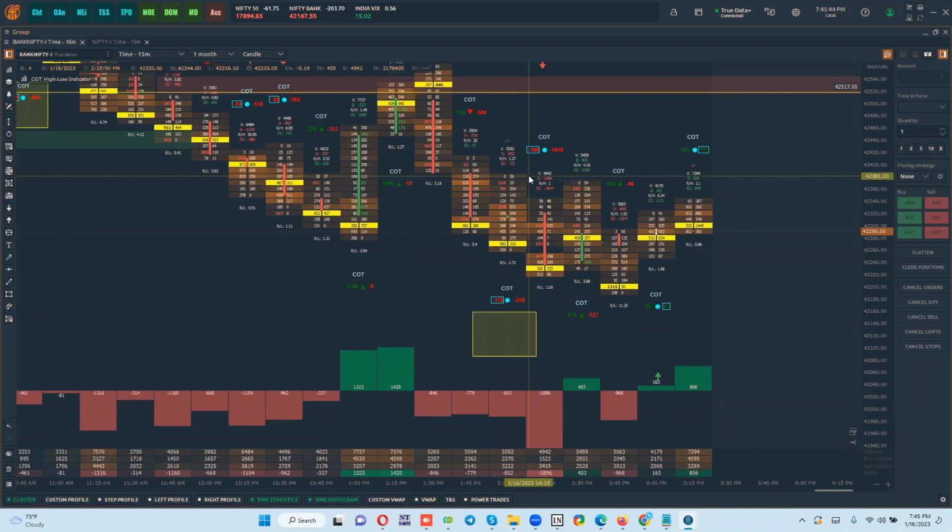That is what we need to identify. These trapped sellers would get worried only when the high of that particular bar is broken, which has not happened. So probably they will not be worried so much in this case.